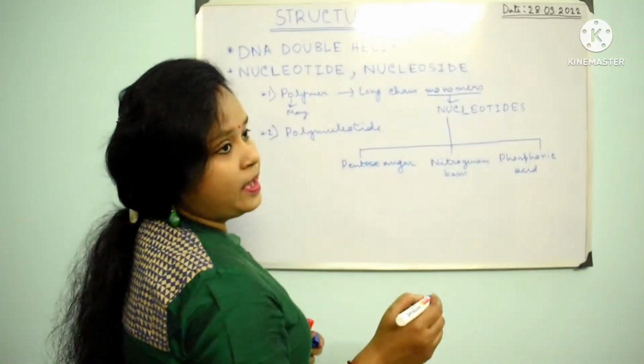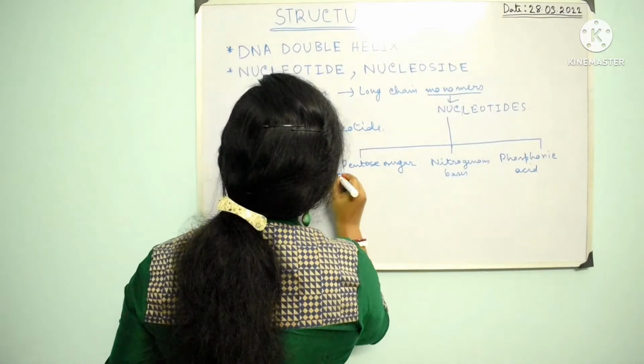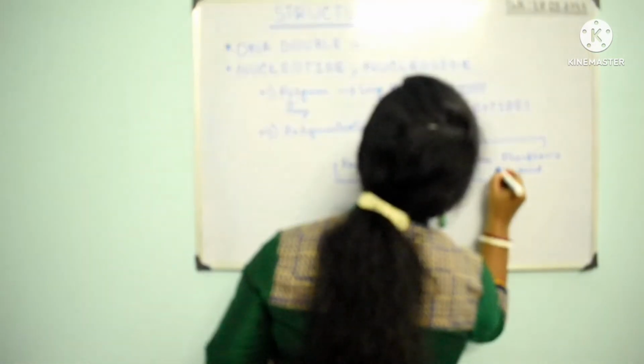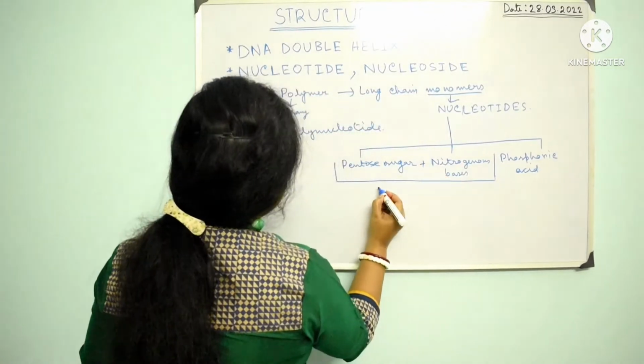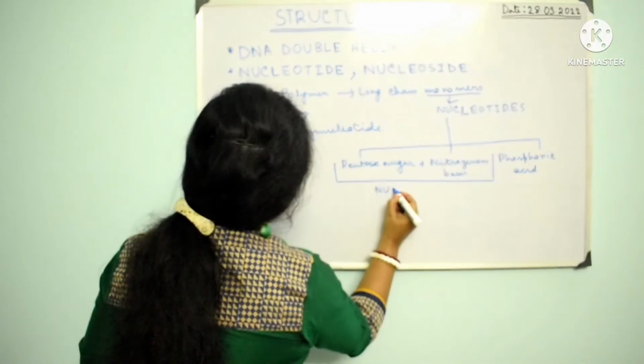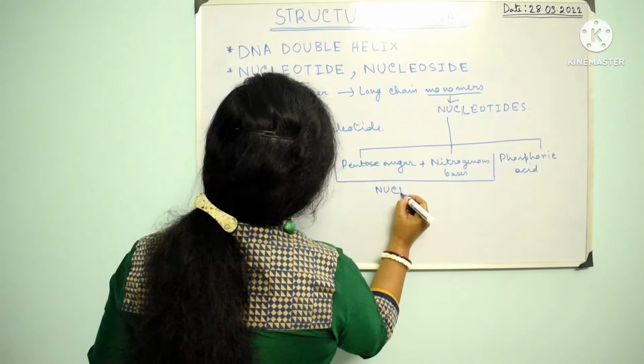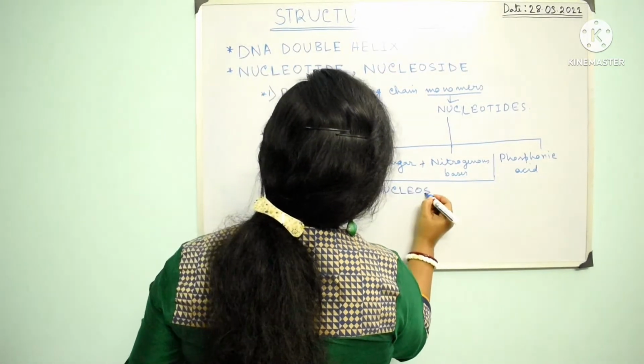Nucleoside, here we have another term, consists of only pentose sugar plus nitrogenous base.